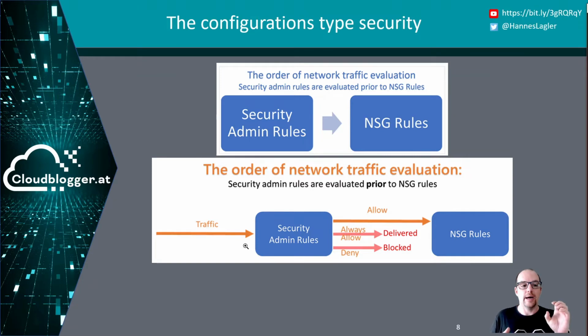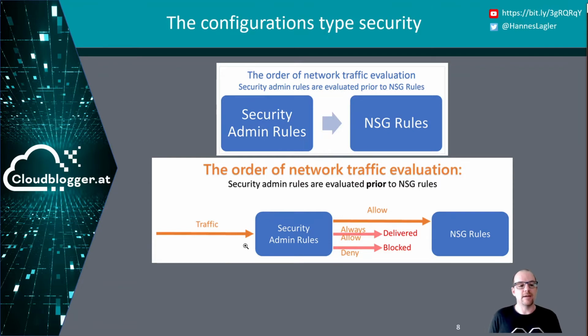So admin security rules always come before network security rules in priority. So this doesn't mean each rule overrides the network security rules. Okay, what does this mean?